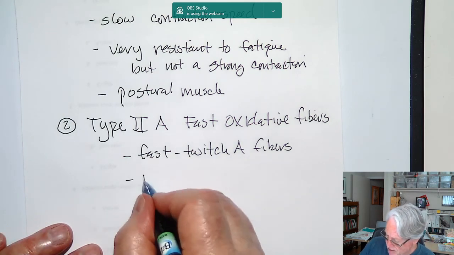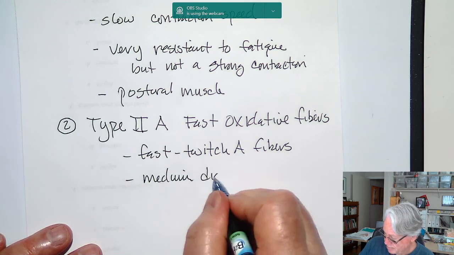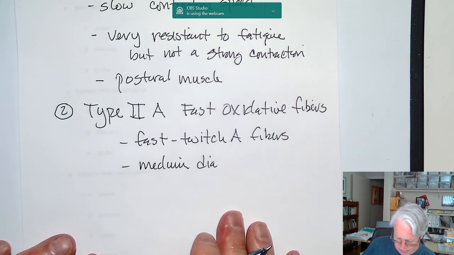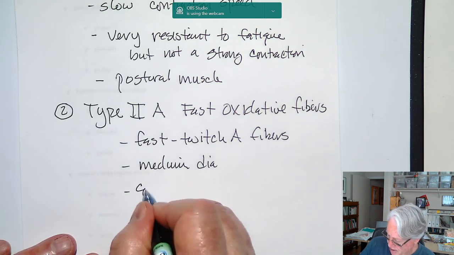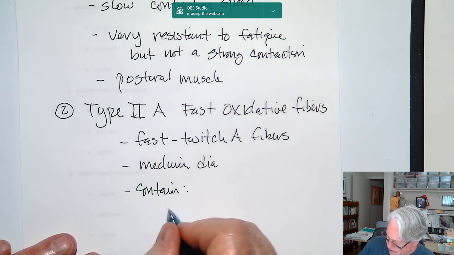These have a medium diameter, so they produce slightly stronger contractions, and they contain lots of myoglobin.